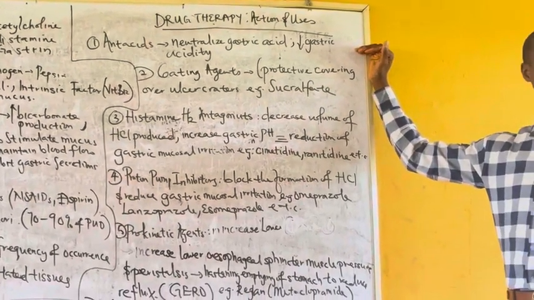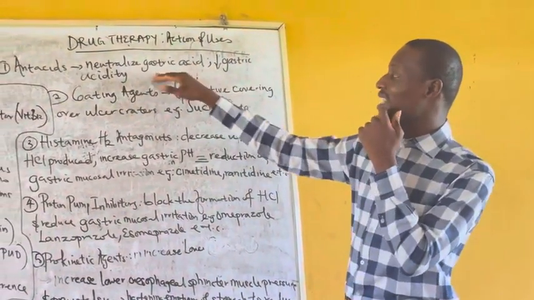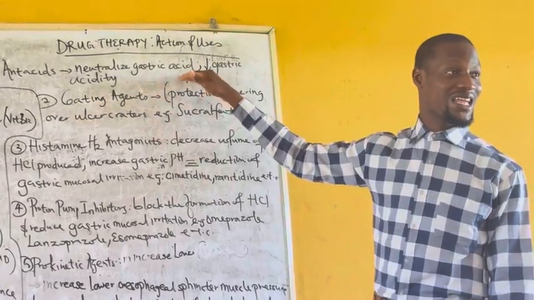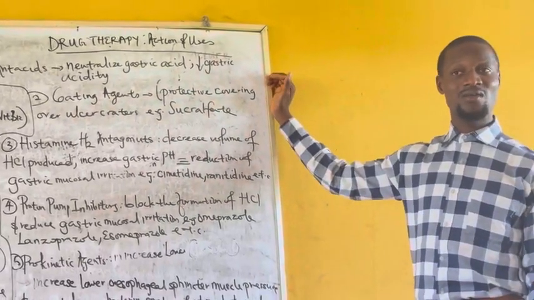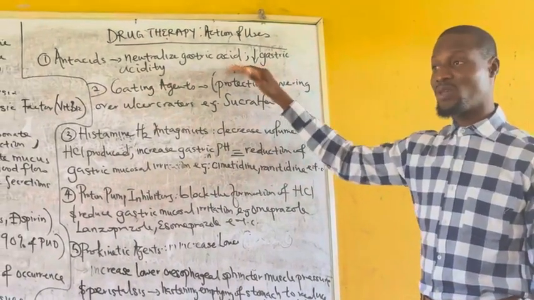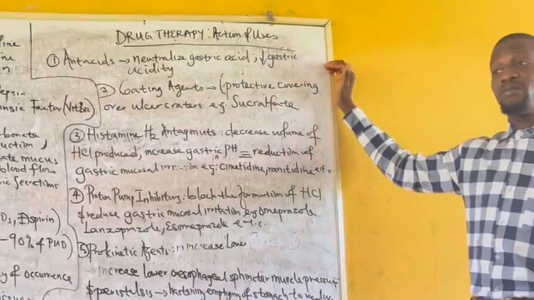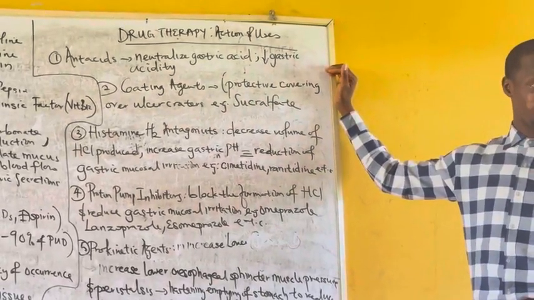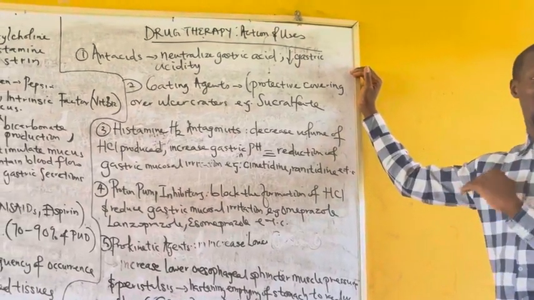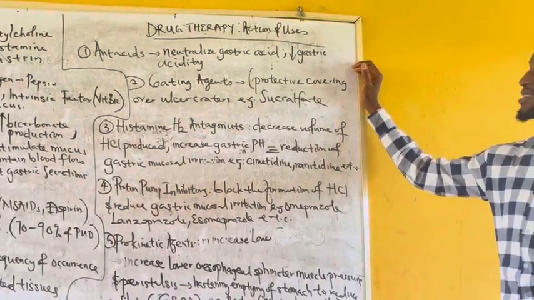The stomach becomes less acidic, so the pH will rise, maybe from 2 to 3, towards 4, 5. It won't become basic or alkaline, but it goes towards 4, 5. So that's the goal: you want to reduce the acidic environment in the GIT that causes ulcer.